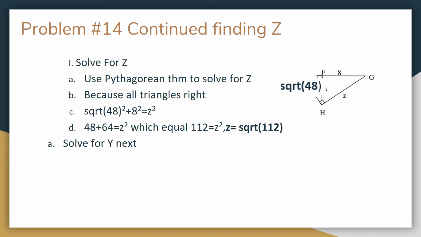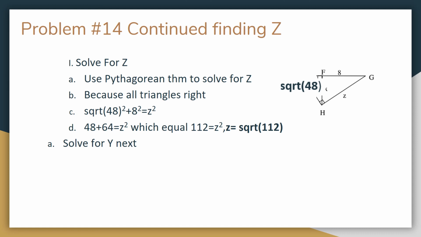Since we're solving for z, I'm only looking at triangle HFG, which is the second largest triangle. I know that the altitude is the square root of 48. We just figured that out. And we know the long leg is 8. We also know that triangle HFG is a right triangle, which means we can use the Pythagorean theorem.